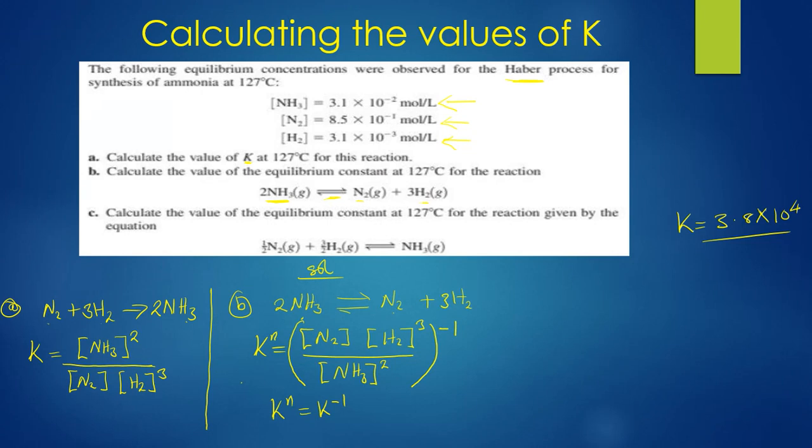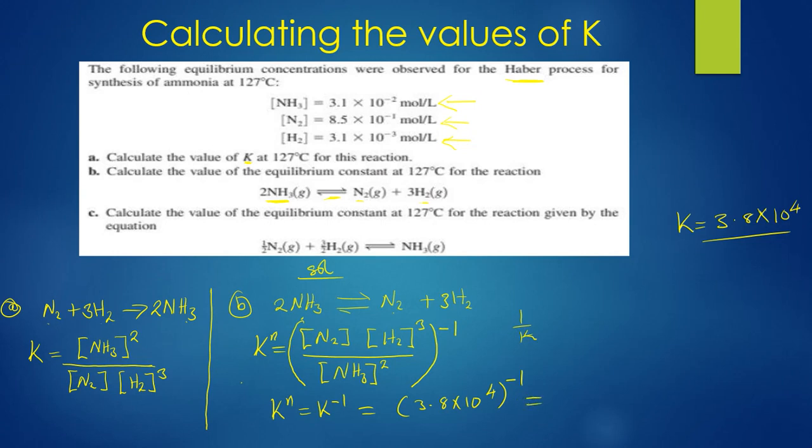So what's our K? It's 3.8 times 10 to the power 4, and now we're going to raise it to negative 1, because this one is a reverse, or a reciprocal, or you can say just 1 over K. It's the same as this negative power.